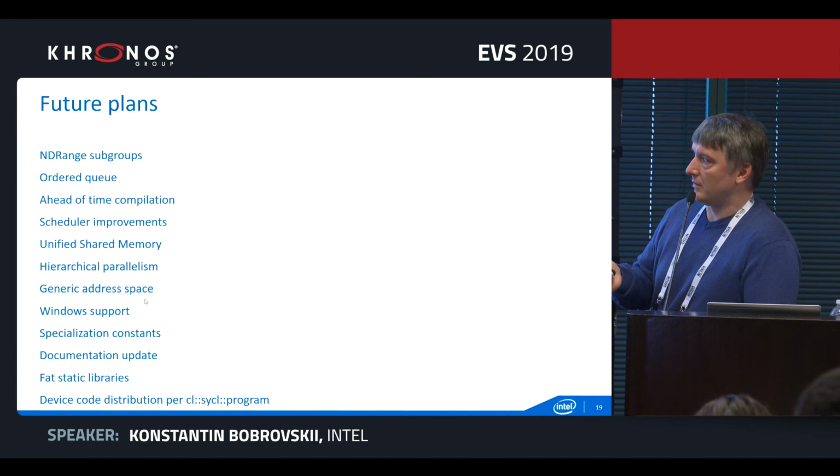And we think it is good to have this generic address space, so that a pointer of any address space could be assigned to this pointer. So it could basically represent any kind of pointer and let the compiler figure out what specific kind of pointer it is.